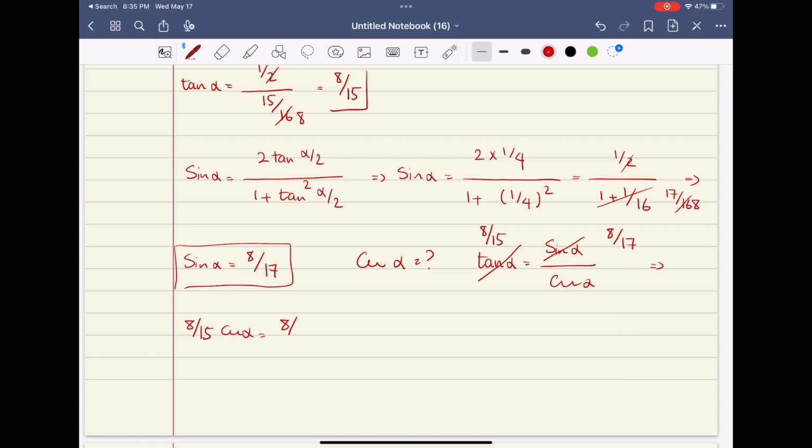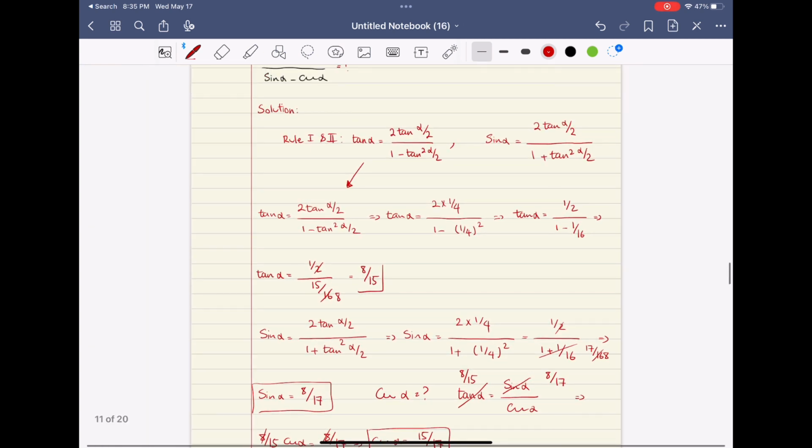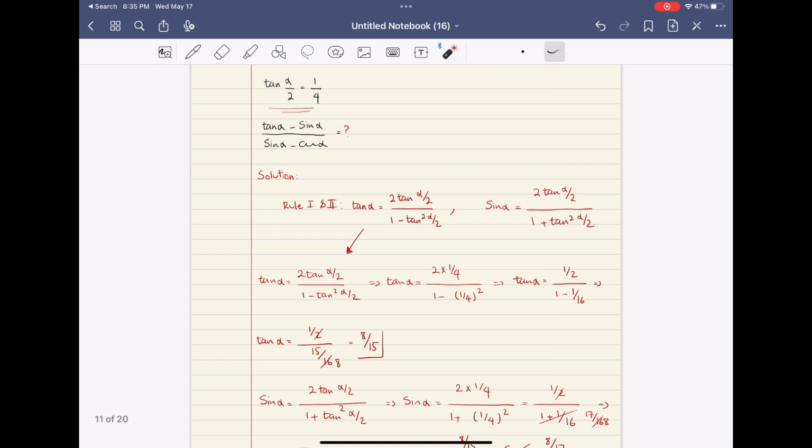So we're going to have 8/15 times cos α equals 8/17, which means that our cos α is equal to 15/17. So we have the three values, and we are going to replace them into the problem.